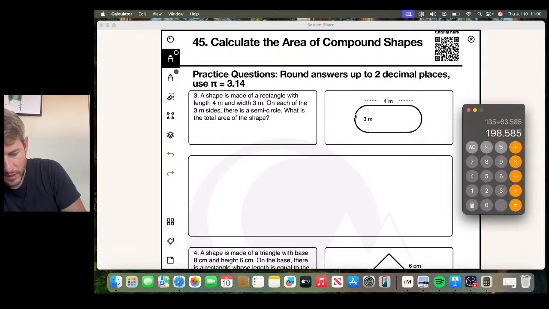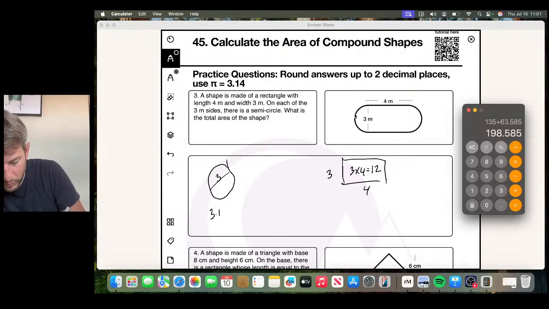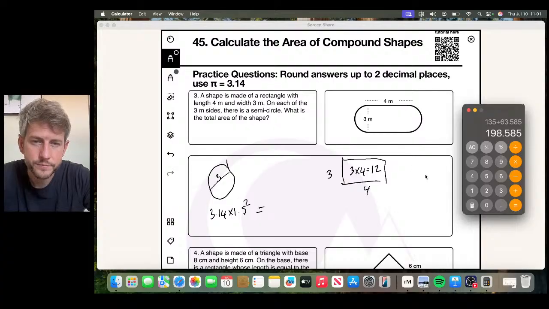Okay, so again, we've got the circle with the 3, and we've got the rectangle, which is the 3 by 4. So this is going to be 3 times 4, which is equal to 12. This is going to be 3 divided by 2, so this is going to be 3.14 times 1.5 squared. So we work out what that is. 3.14 times 1.5 times 1.5.